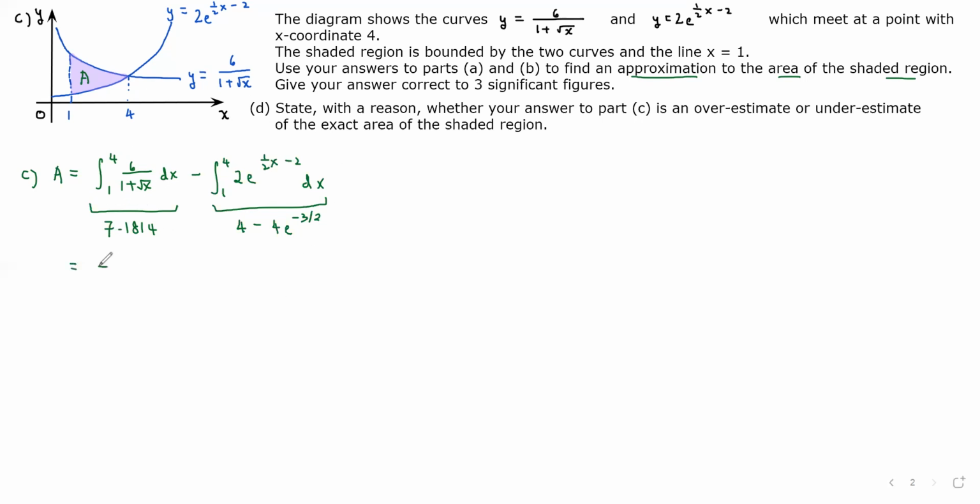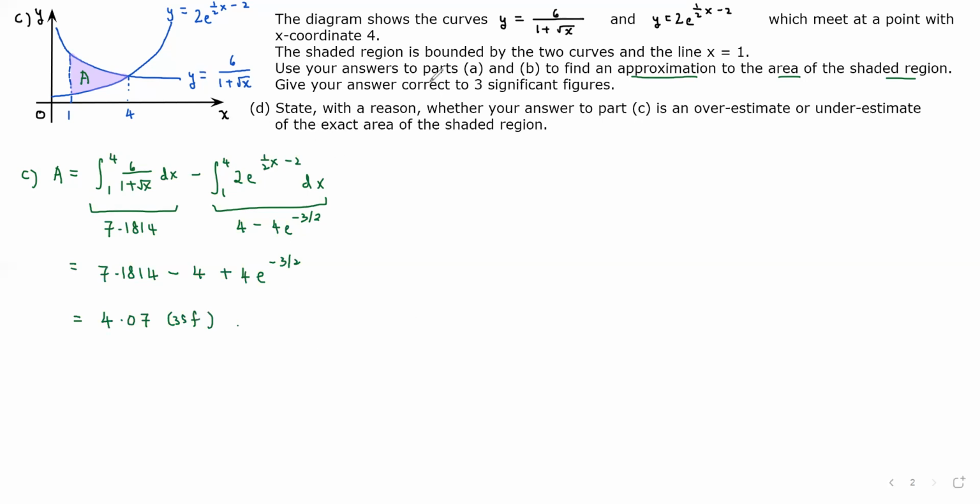So that will give us 7.1814 minus 4 plus 4e to the negative 3 over 2. The double negative cancel to be a positive. And to three significant figures, we have 4.07. So that is three significant figures.